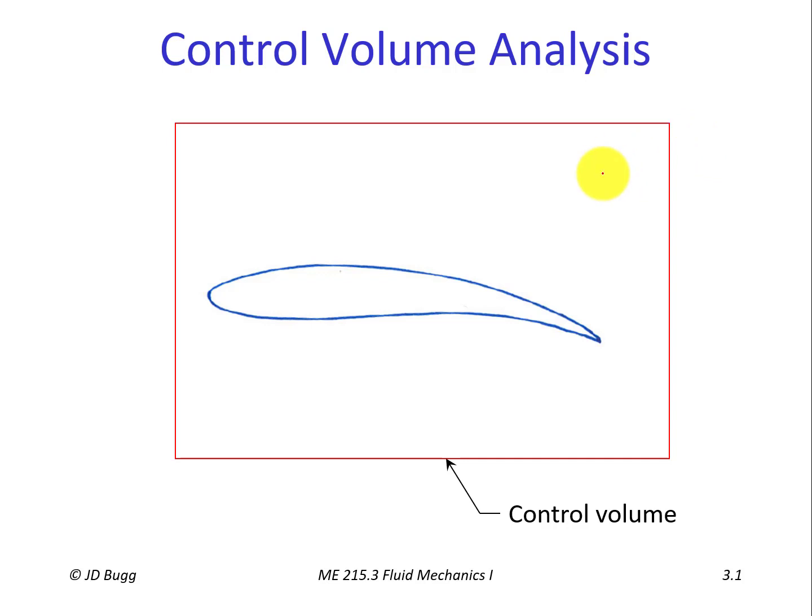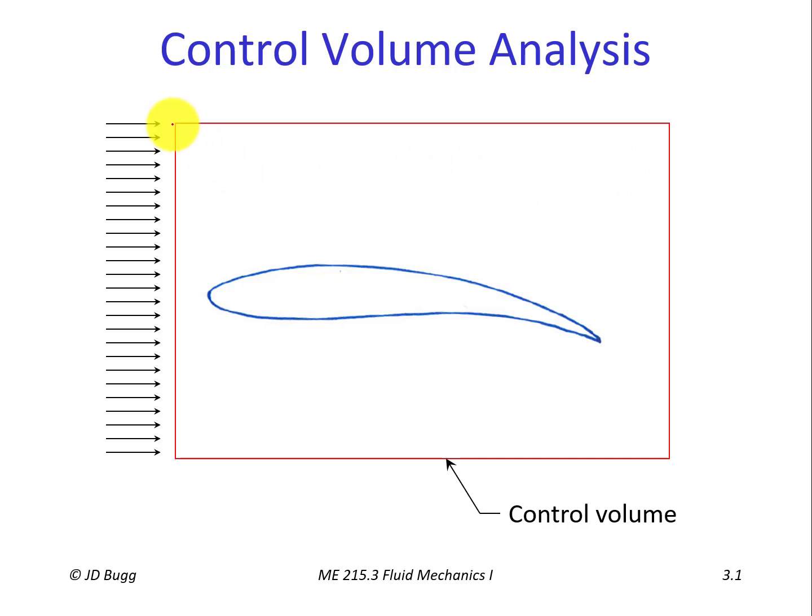But to a first approximation, the things that are important that are happening on the boundary of this control volume are happening here, where we have an inlet, so there is air flowing into our control volume here. Notice the big difference between a control volume and a control mass is for a control volume, we can have mass crossing our surface, and here we certainly do.